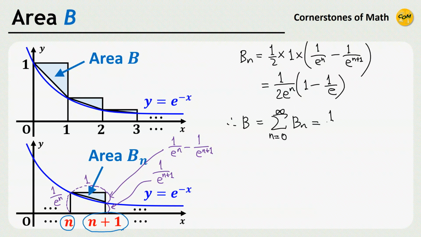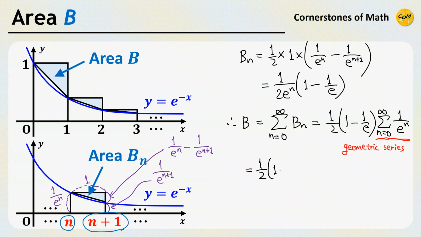So we have 1/2 times 1 minus 1 over e at the front, then sigma 1 over e to the power of n. And this part right here is a geometric series. So using the formula for the sum of geometric series, we have 1/2 times 1 minus 1 over e. Then the first term is 1, so 1 divided by 1 minus the common ratio 1 over e. So cancelling like this, we have the area 1/2.